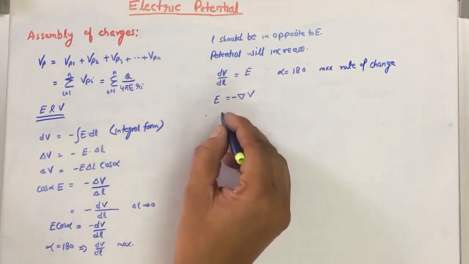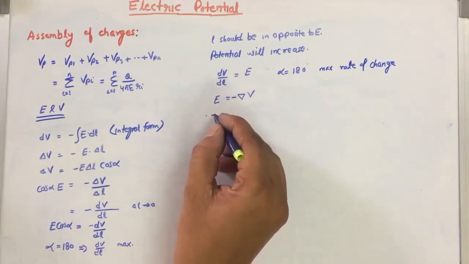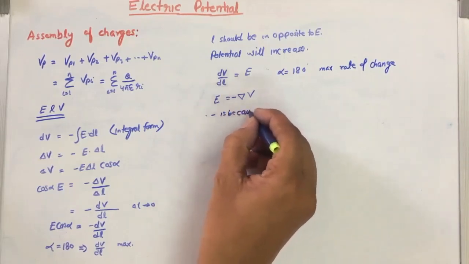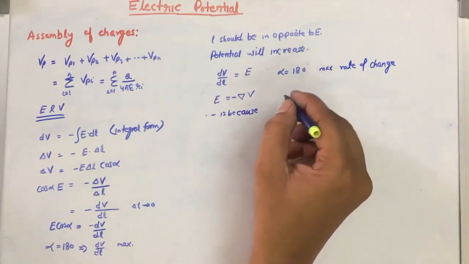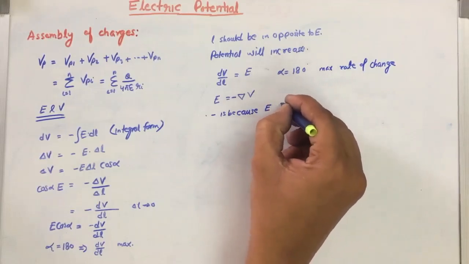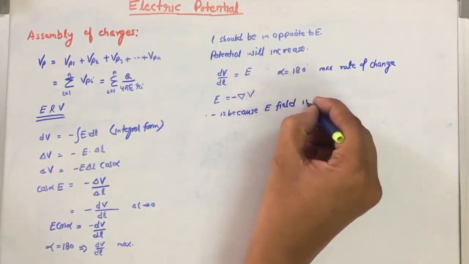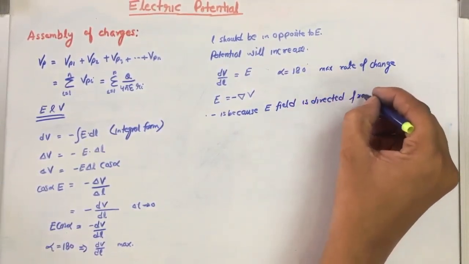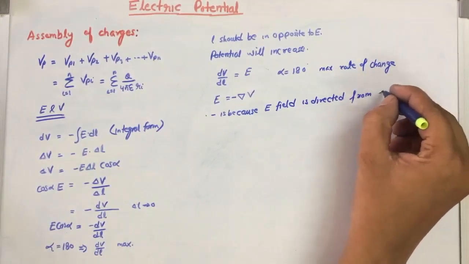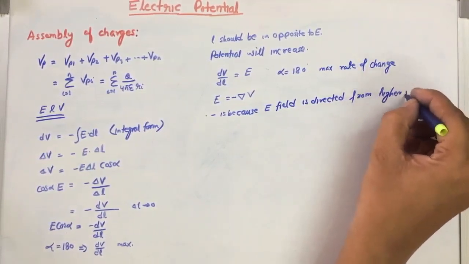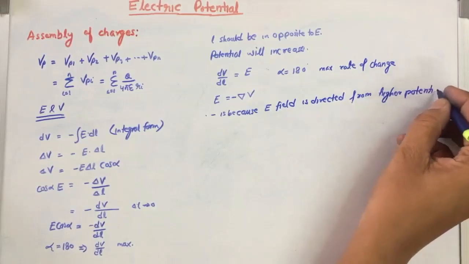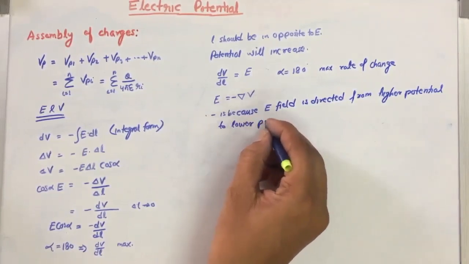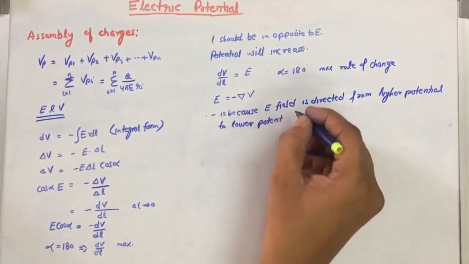So we can write the minus is because electric field is directed from higher potential to lower potential.